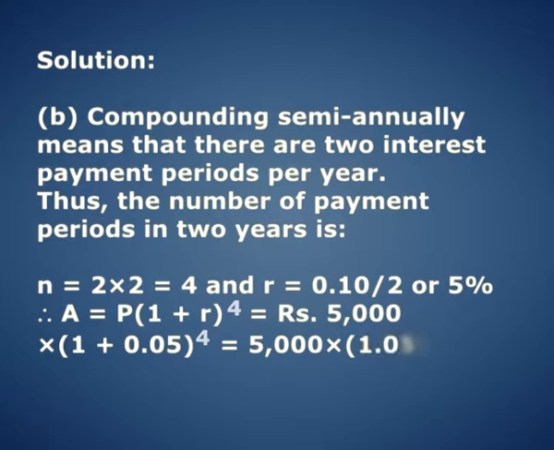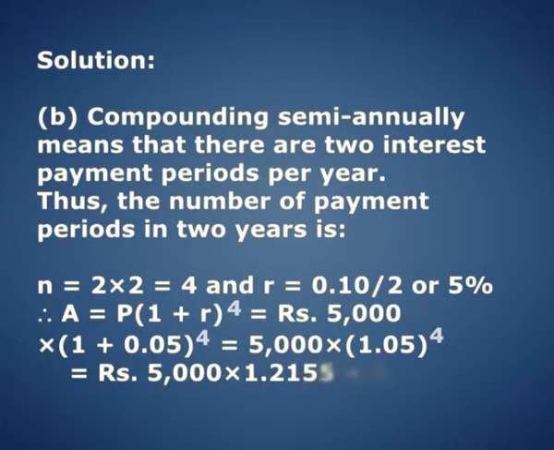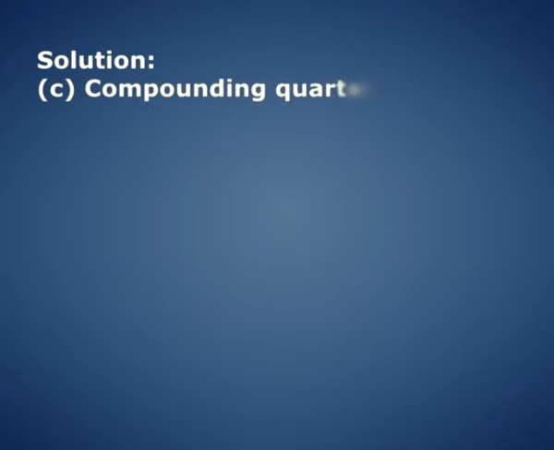So that is equal to rupees 5,000 into 1 plus 0.05 to the power 4. That gives us 5,000 into 1.05 to the power 4. So that is equal to 5,000 into 1.2155, which is giving us 6077.5.